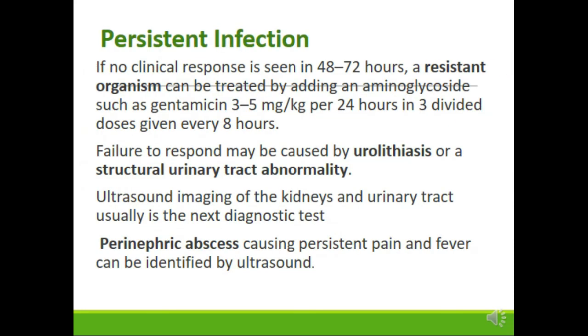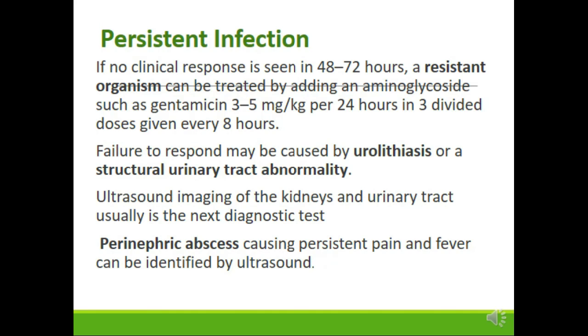In case of persistent infection, when there is no clinical response in 48 to 72 hours, there may be a resistant organism, and it may be treated by adding an aminoglycoside such as gentamicin 3 to 5 mg per kg per 24 hours in 3 divided doses, given every 8 hours.